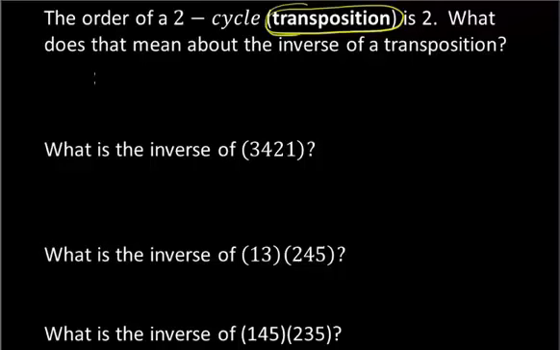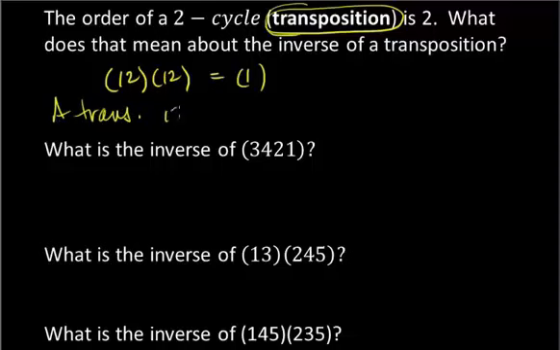Well, if it's a two-cycle, then the order is 2. So that means that, for example, the cycle (1 2) times (1 2) is equal to 1. So a transposition is its own inverse.